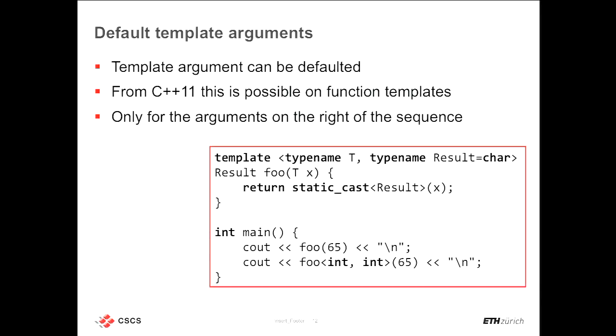And the result type has not been specified here, so it's char. It's like for functions that have a default value, int x equal 10. If you don't specify x, that will be 10. Otherwise, you can pass a value. Exactly in the same way, this one would return a char because the result is by default a char. Foo<int, int>, I need to specify both of them because the first argument is this one, and the second one is the result. If I put foo<int>, that will have the same effect.